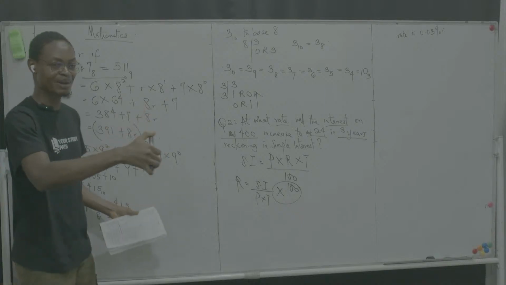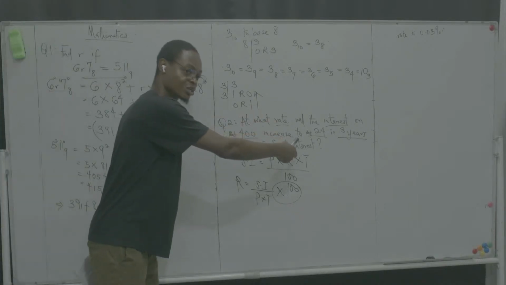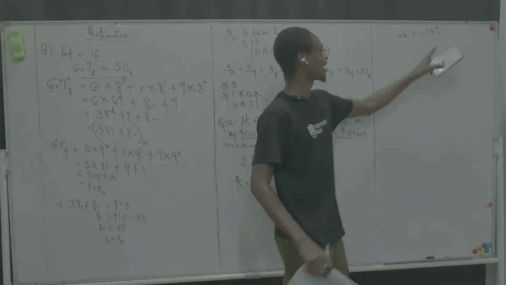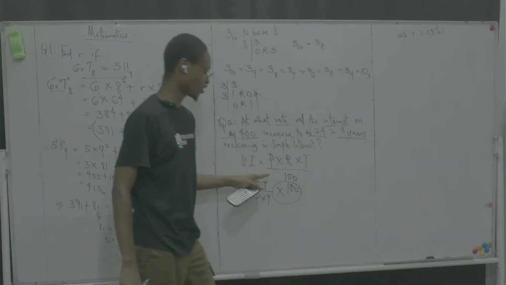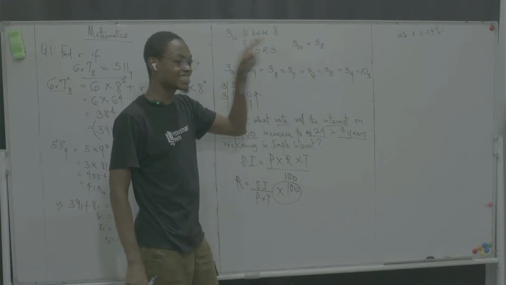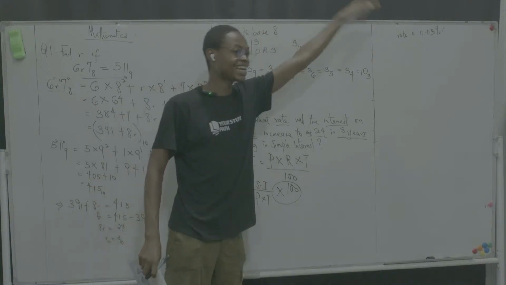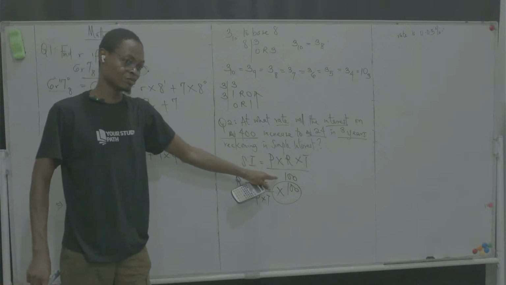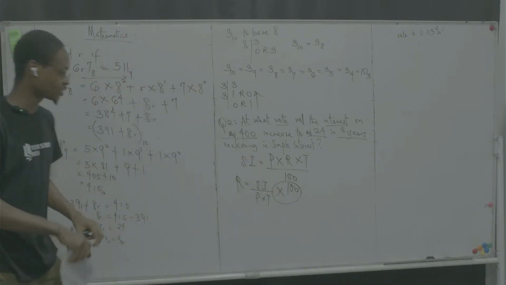But if, for adventure, you are looking for something else and the rate was given to you in the question, then whenever the rate carries the percentage sign, you use over 100. But if the rate is given to you as a decimal and the percentage sign is not present, it means that it has been converted originally, so you don't divide by 100. It's very important to keep that in mind.